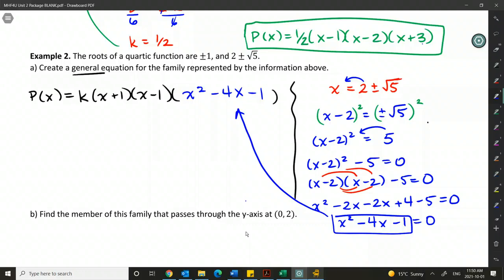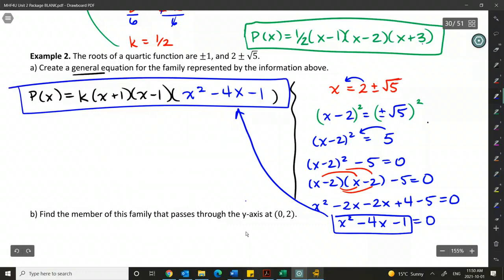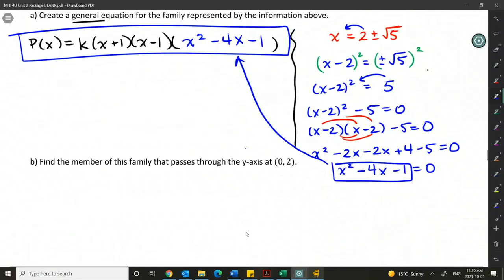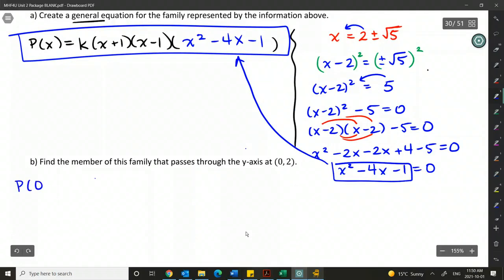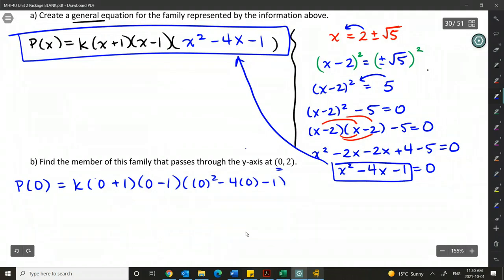Okay, so here is the general equation. We're going to find the family member that passes through the y-axis at the point 0, 2. So I'm just going to evaluate p at 0, which we did, same thing as what we did in the question above, because it's the point where x is 0. And I know that this will equal 2.